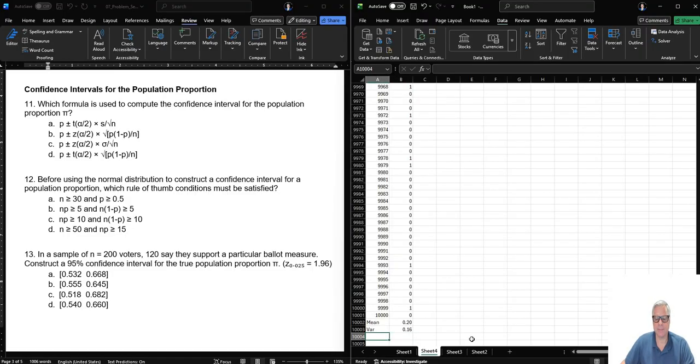And then we have the standard error, and the standard error is actually defined.